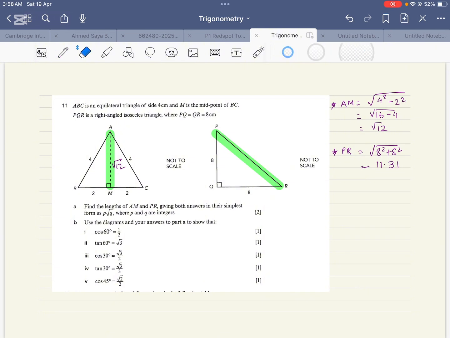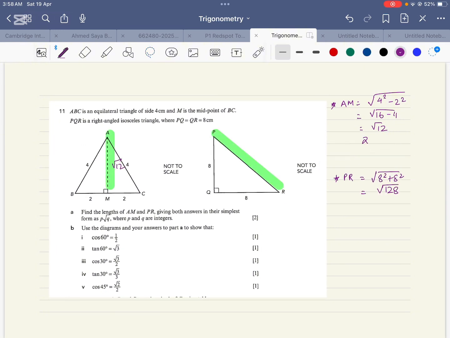So root 12 we write as 2 root 3. Why? Because this is 4 multiplied by 3, so 4 comes out as 2, giving 2 root 3.